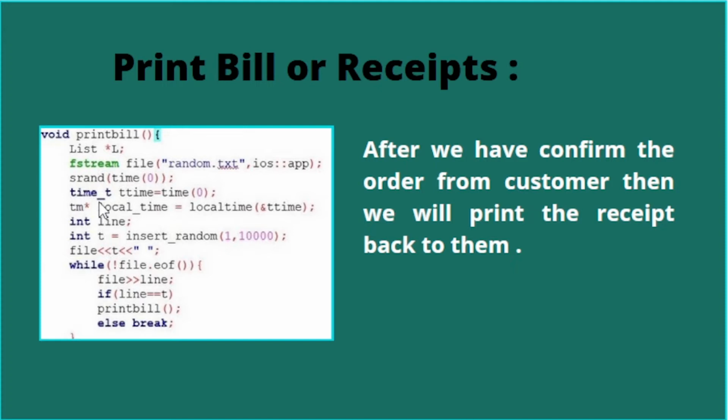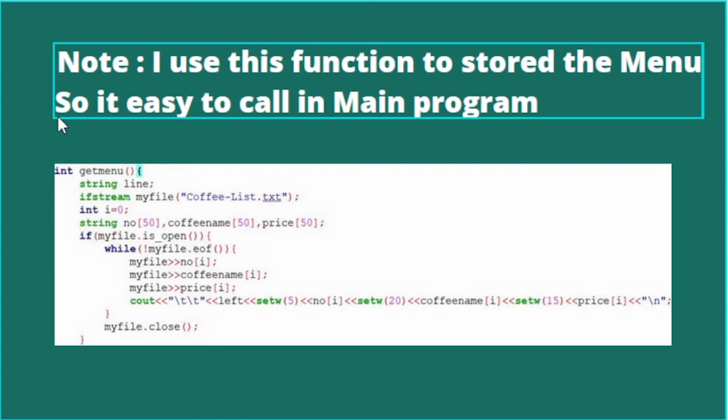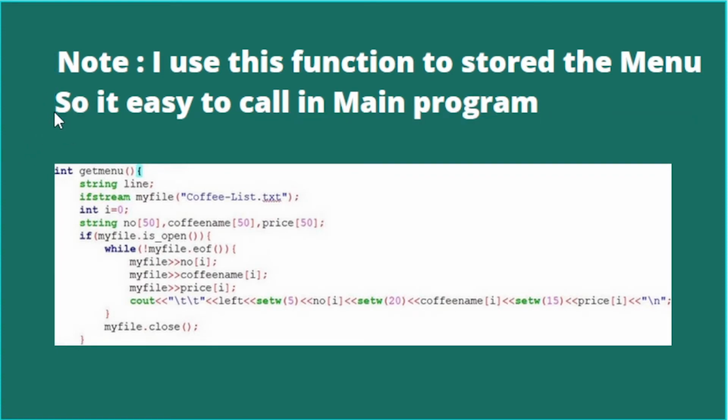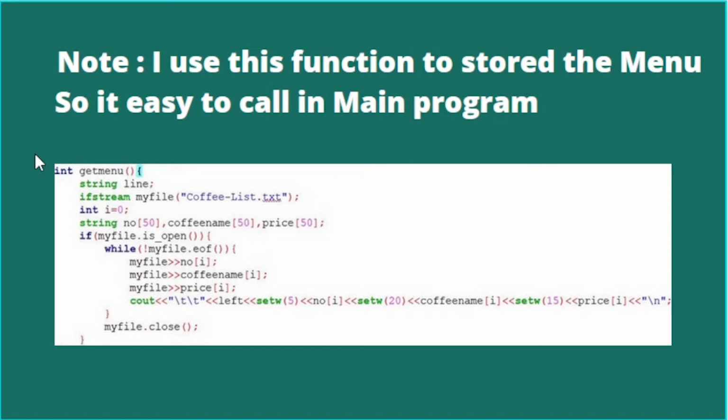This function I use to print the date and the time of the year. And this is the function I use to print the price of the product. This is also a function I use in the main program. It is used to store the menu so it is easy to call in the main program.